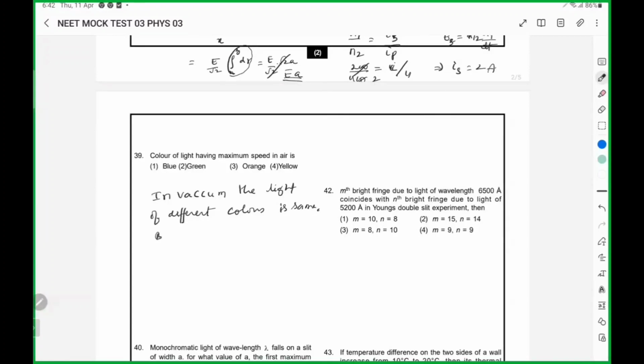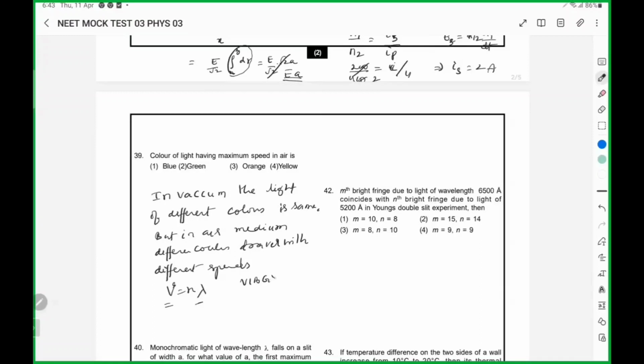But in an air medium, different colors travel with different speeds. So here it all depends upon wavelength. So speed depends upon wavelength.